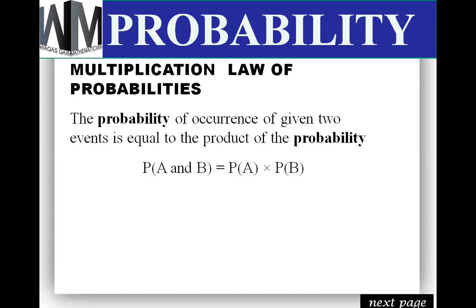That's why for or, the condition of mutually exclusive events will be there. And for multiplication, both should happen. So mutually exclusive could not be possible for this one. If A and B are mutually exclusive, then the multiplication law could not be applied here. Is it clear with everyone?